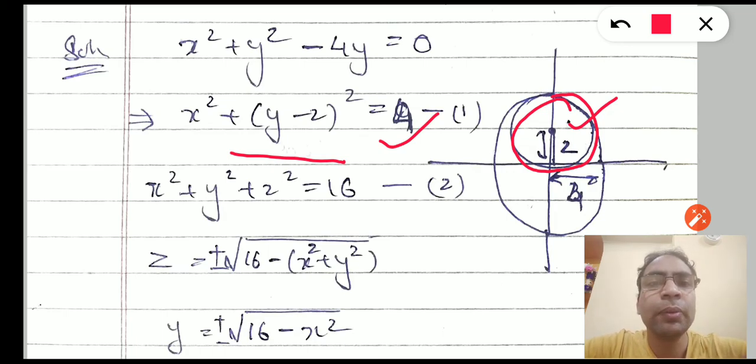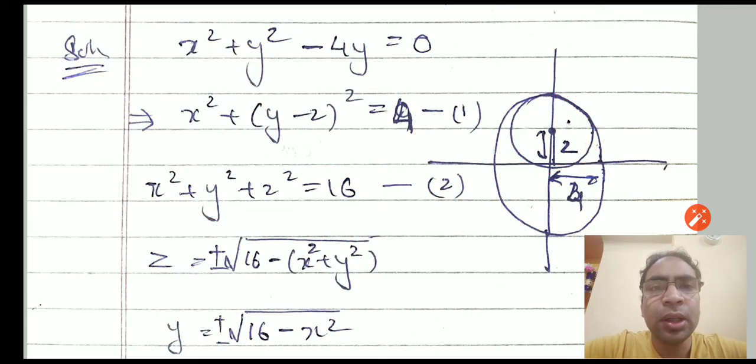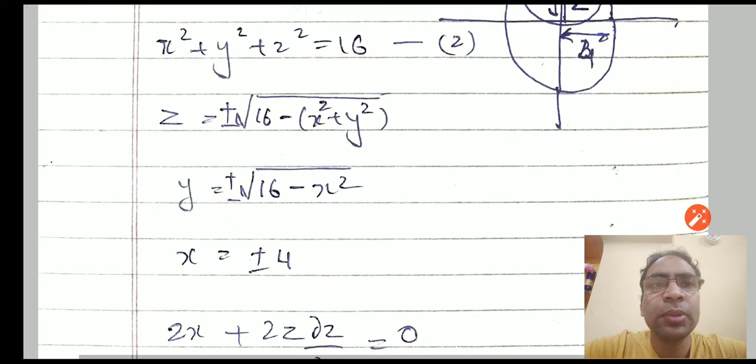Next is the equation of the sphere x square plus y square plus z square is equal to 16. By comparing this with the standard equation of the sphere, we see that the center of the sphere will lie on the origin, and the radius of the sphere will be 4, as 4 square is equal to 16. So from the equation of the sphere we can find the value of z.